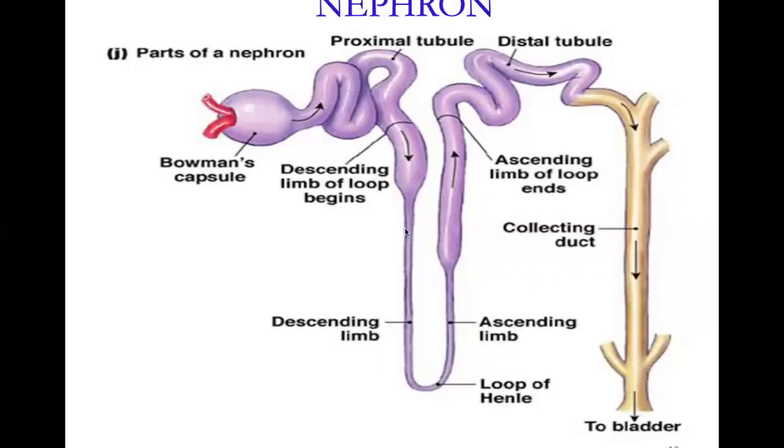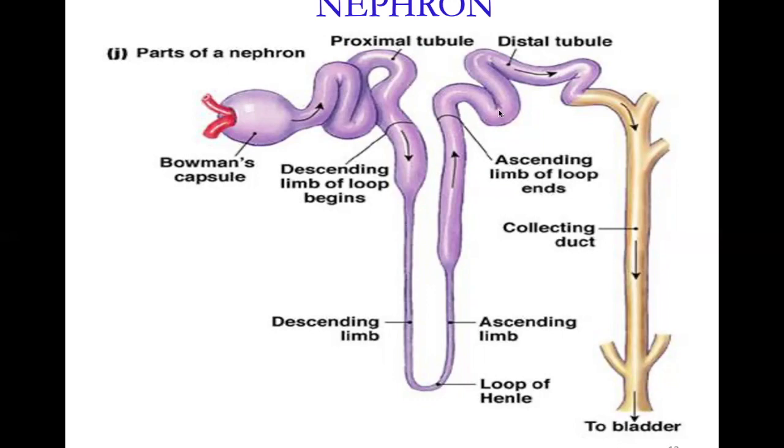So this is a long tubule, you can see. These tubules are broadly classified as the proximal tubule, the tubule that is near the ultrafiltration. Then there is the loop of Henle. This loop of Henle is divided into the descending limb and ascending limb.